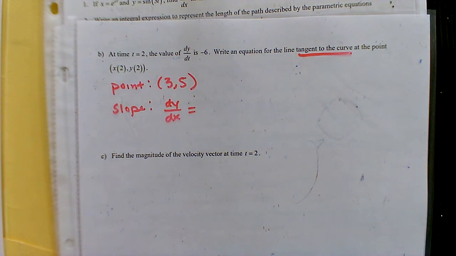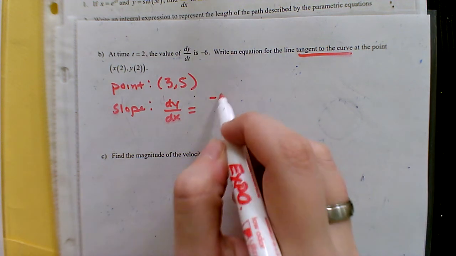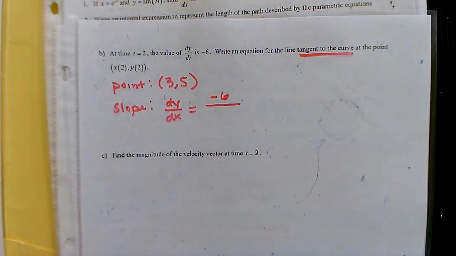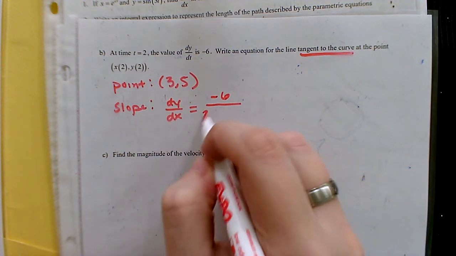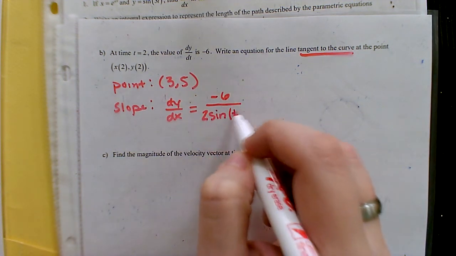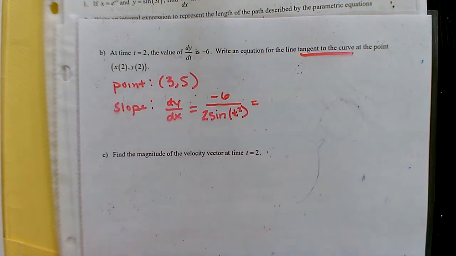So at time 2, the y derivative is negative 6. And the x derivative, they gave us another page. Let's see, 2 sine of t squared.